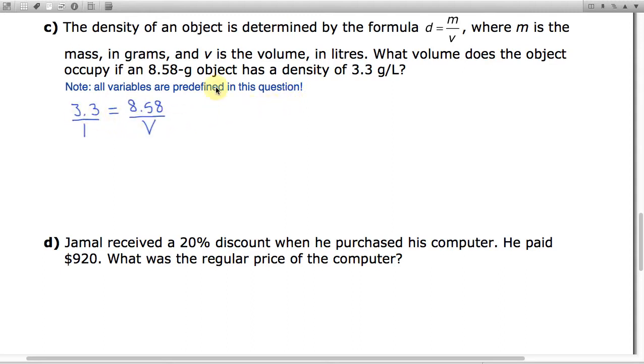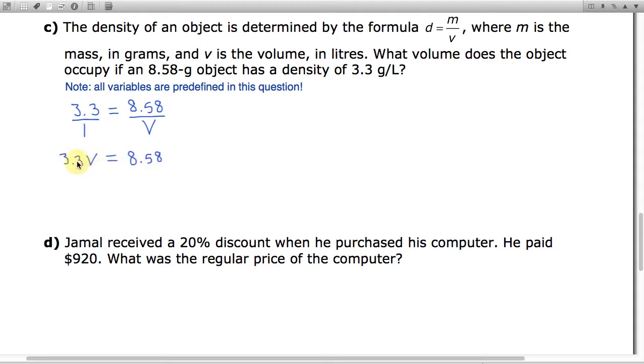So all we have to do is replace the D with the density, 3.3 grams per liter. Replace the M with the mass, 8.58 grams. The V is the volume, which is unknown. Notice that I put the 3.3 over 1 so that I've got a fraction equal to a fraction, and I can do cross multiplying to solve, just like we had done on the previous page.